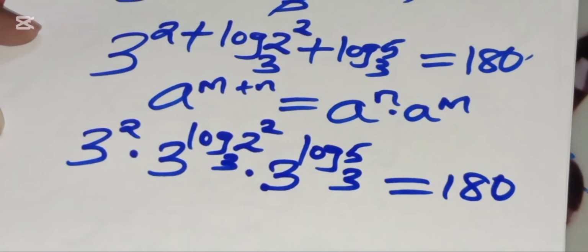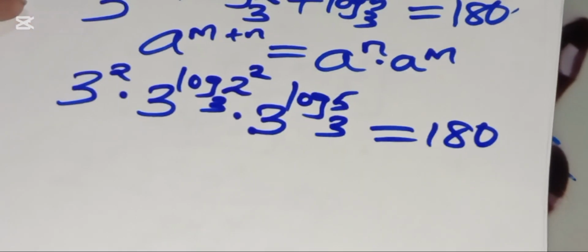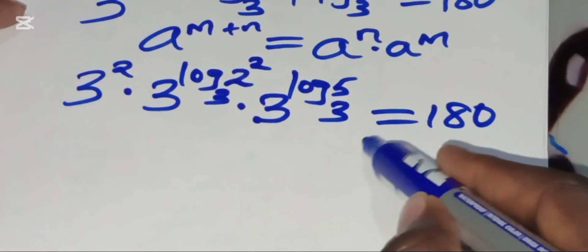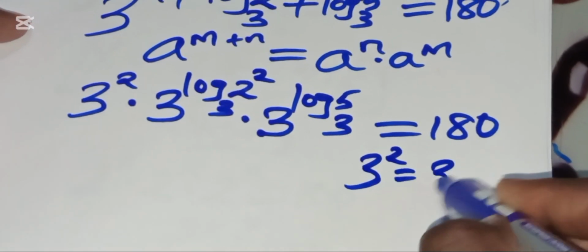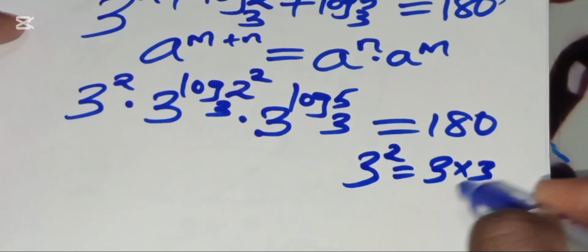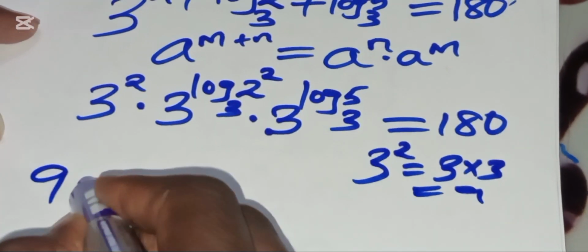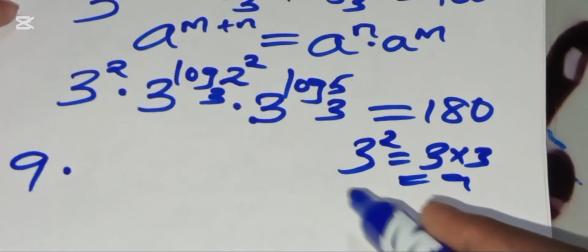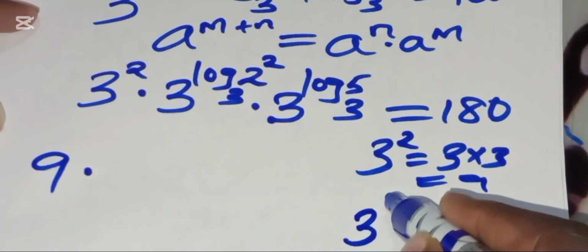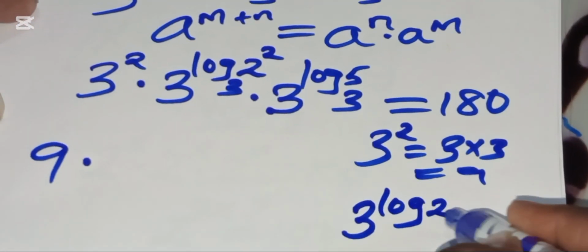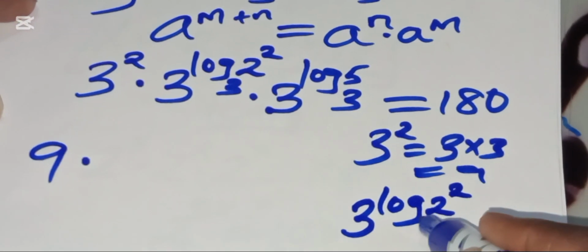Now from what we have here, 3 squared is the same thing as 3 times 3, which is equal to 9. So we have here 9 multiplying by, now 3 raised to power log 2 raised to power 2 to base 3.